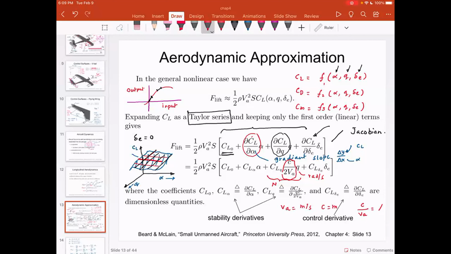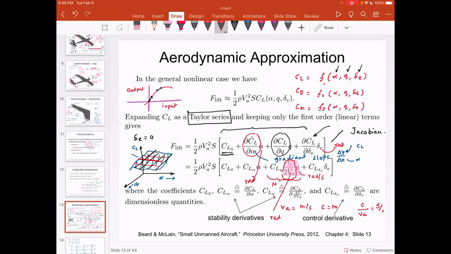Now if I use this scaling, I just have radians coming out of this approximation. What comes out of this approximation is just radians, which is same as here, which is same as here. That's why for the scaling effects, you will have C divided by 2VA, which is the airspeed.